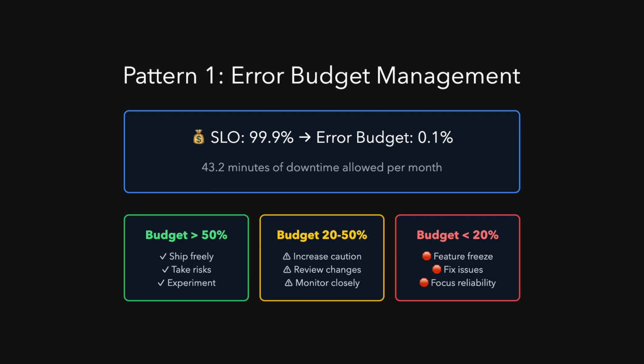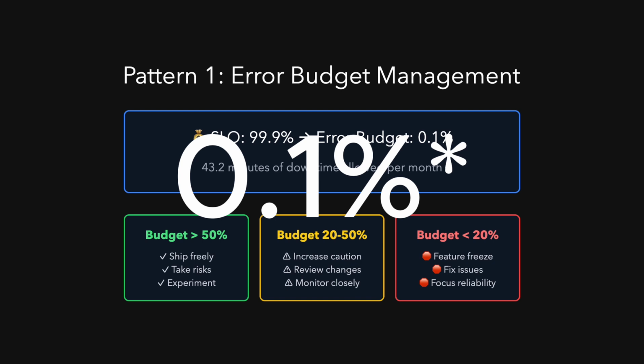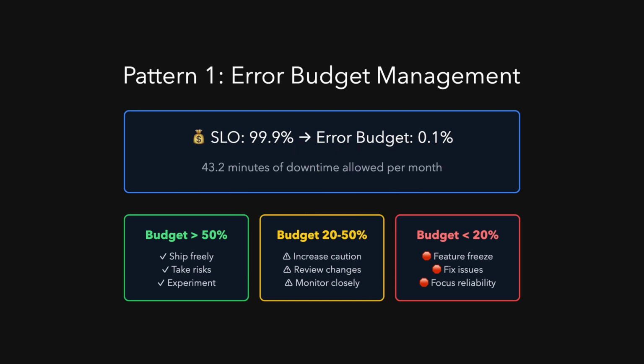Now let's talk about how these concepts compose into patterns you can apply. First pattern is error budget management. This is the most powerful concept in SRE, and it solves the reliability versus velocity tension. Here is how it works. If your SLO is 3 nines uptime, you are explicitly saying 0.1% downtime is acceptable.